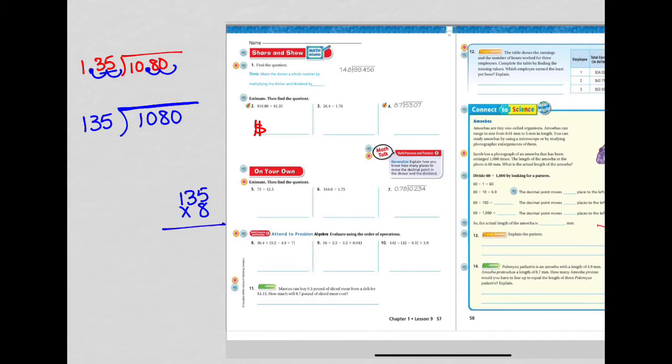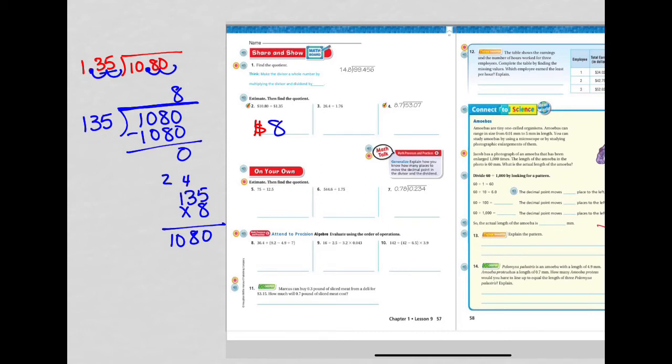When I multiply this out, 8 times 5 is 40. 8 times 3 is 24 plus 4 more is 28. 8 times 1 plus 2 more is 10. There we go. So we multiplied this by 8 and I got 1080. When I subtract, I have a 0. So now I have $8.